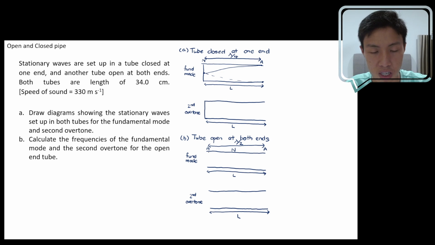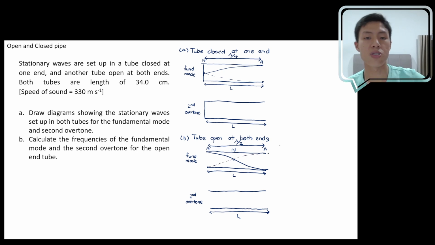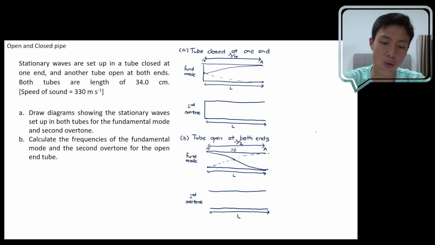And if you want to sketch the diagram, antinode is maximum amplitude, node is zero amplitude. So if you sketch it, it will be something like this. Okay, so this is the tube open at both ends for the fundamental mode. Okay, next we move on to the overtone.